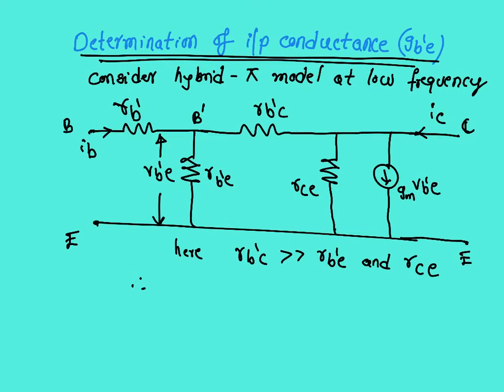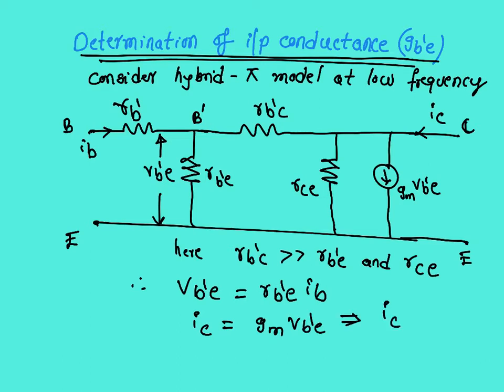Therefore VB dash E can be written as VB dash E equals RB dash E into IB, and because RB dash E is far greater than RCE, the entire current IC is equal to GM into VB dash E. But VB dash E is equal to RB dash E into IB, so IC can be written as GM into RB dash E into IB.